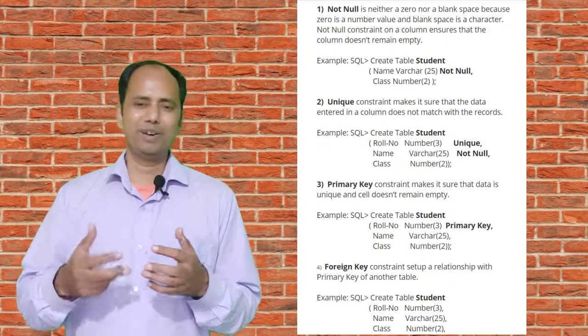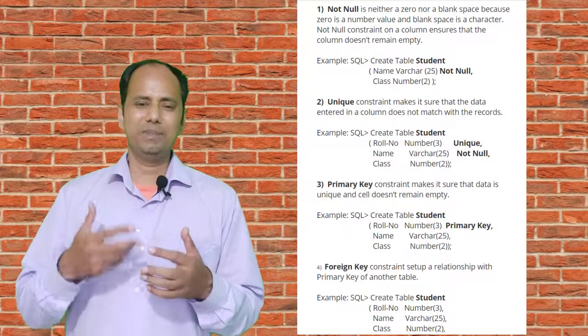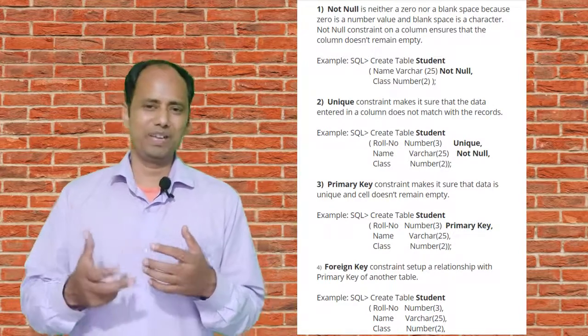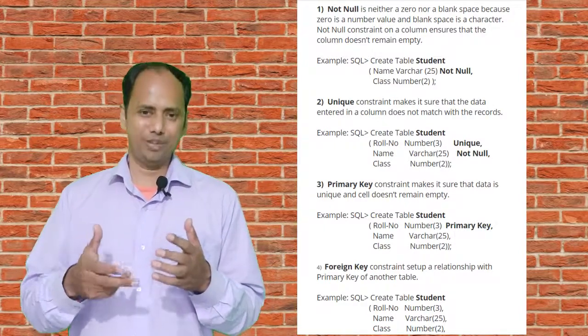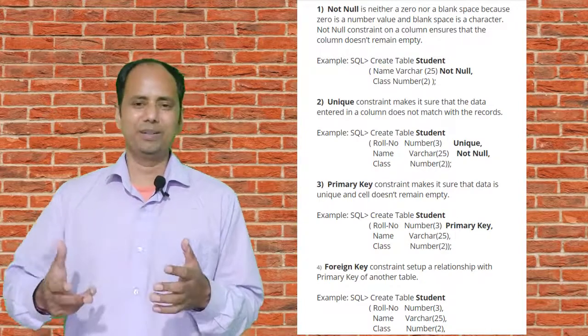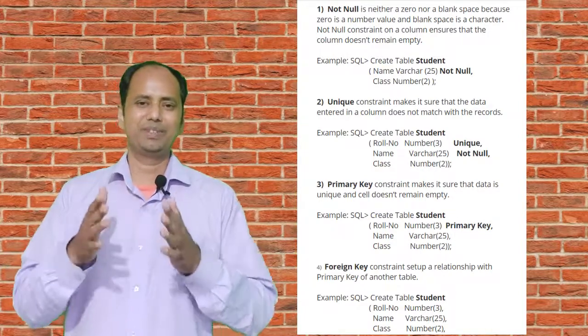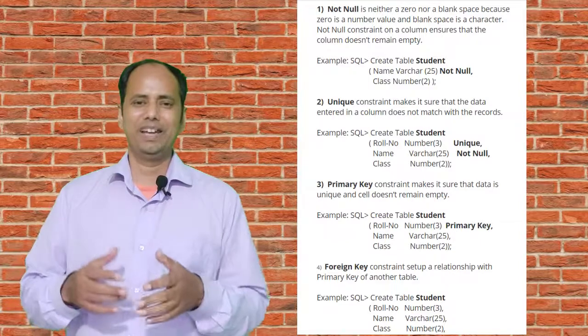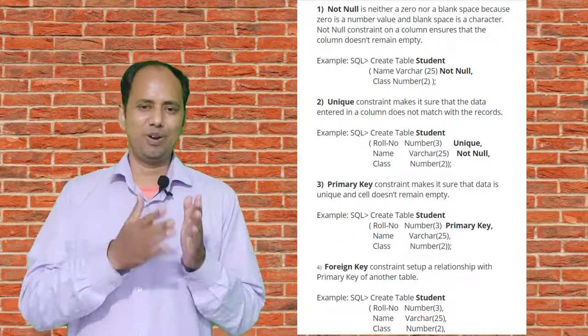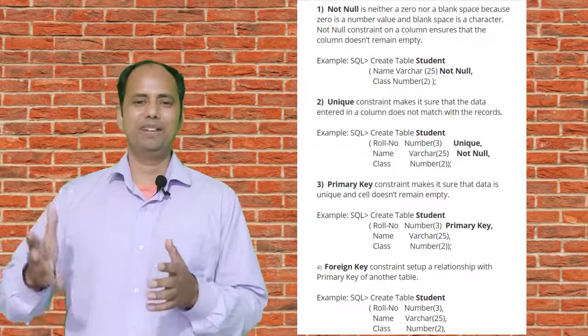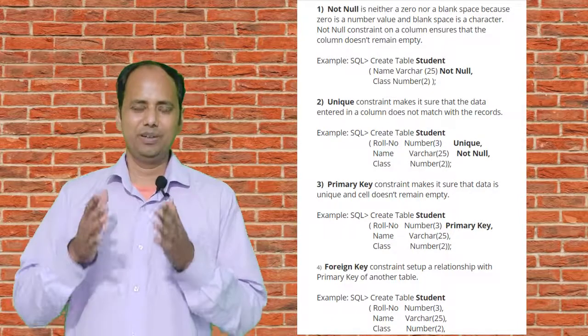Okay, now come to the second one, unique. Sometimes in a table we don't want any duplicate value. So in the same way, for example, here we are creating a table. We are writing create table, table name, and next we are writing column name and data type, and in front of it we are writing unique.